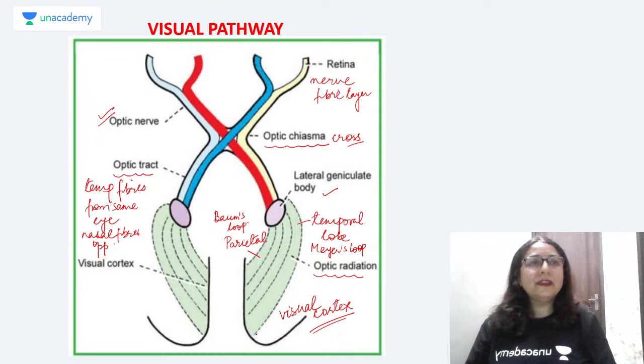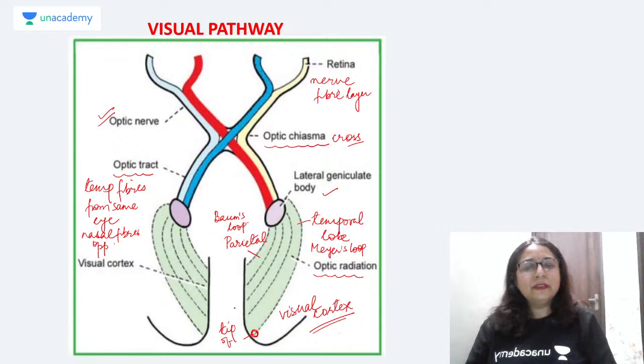In the visual cortex, one point to be noted is that the fibers responsible for the macular area are present at the tip of the occipital cortex. That area usually gets supplied from both the posterior cerebral artery as well as the middle cerebral artery, whereas the rest of the visual cortex gets its supply from the posterior cerebral artery only.